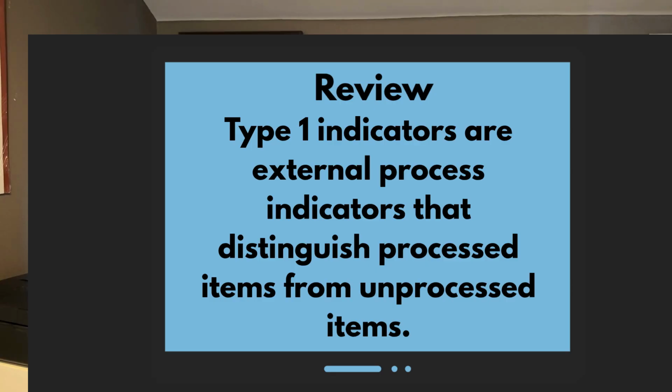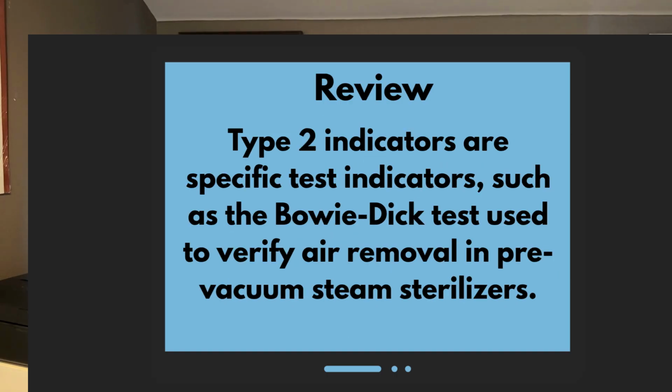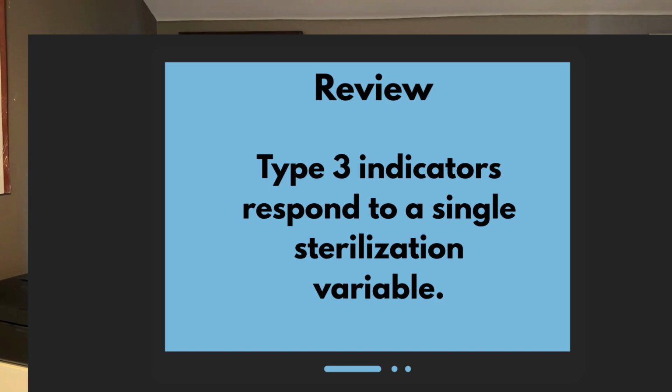Okay, let's do a quick review of what we learned about chemical indicators. The type 1 indicators are the tape or the external tabs on the end of sets, and they basically let us know whether that item has been processed or unprocessed. The type 2 indicators are like the Bowie-Dick test that verify proper air removal during a pre-vac cycle. Type 3 indicators respond to a single sterilization variable.